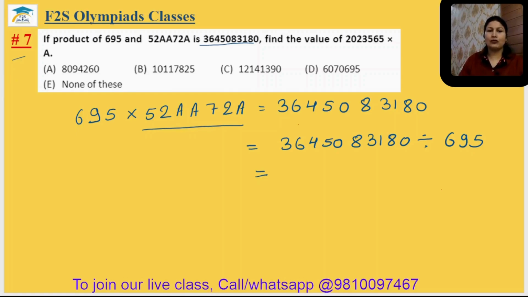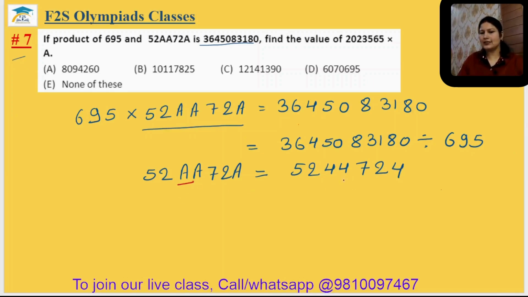You will get 5244724. You can see 52A7, at A it is 4. So A is equal to 4.